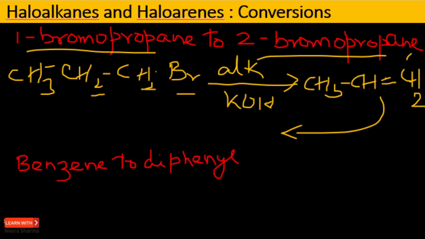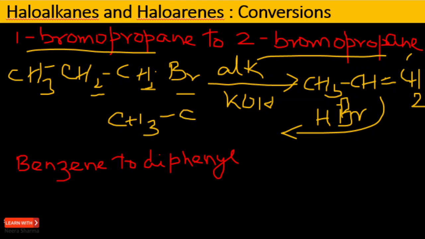It is Markovnikov's rule. So what should I treat it with? I'll treat it with HBr. The hydrogen will go to the carbon containing more hydrogen atoms, so I will get CH3CHBrCH3, with Br at the second position.